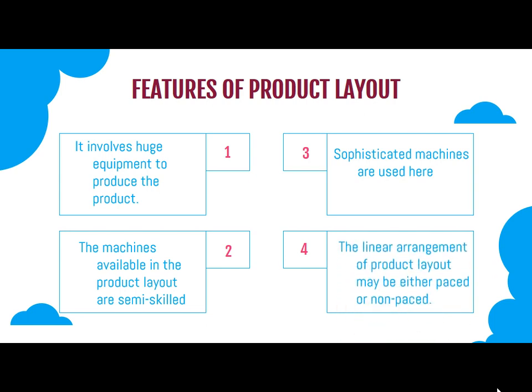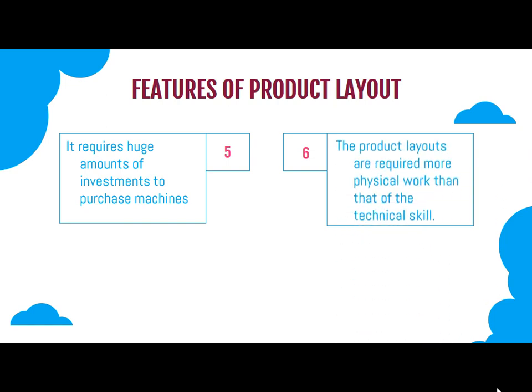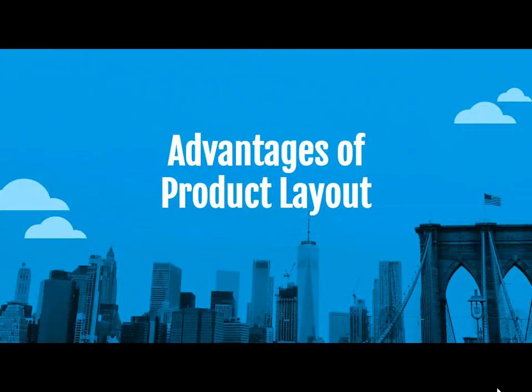The linear arrangement of product layout may be either paced or non-paced. A few more features of product layout are: it requires a huge amount of investment to purchase machineries at the initial position, and it requires more physical work than technical skills. These are the features of product layout.